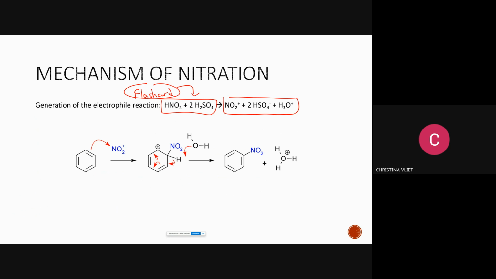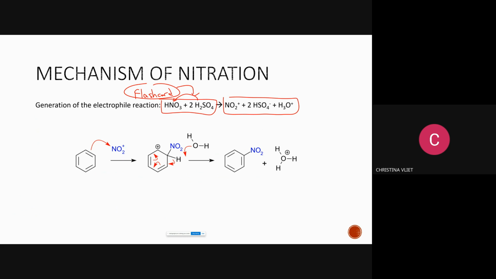So sulfuric acid acts as an acid, nitric acid acts as a base, and you end up with the products that you see there. Sulfuric acid is so strong, it forces HNO3 to take on an H+. So in this reaction, sulfuric acid is actually acting as the acid, and nitric acid is acting as the base.